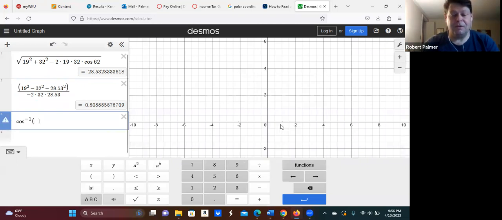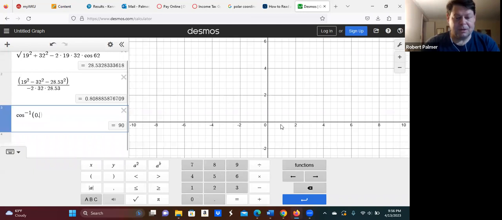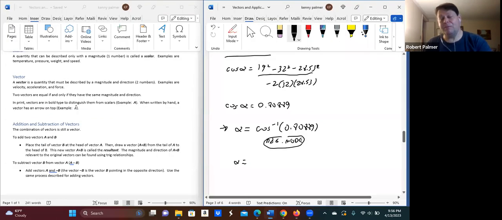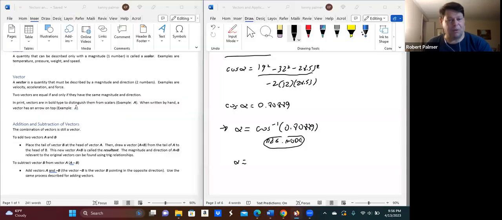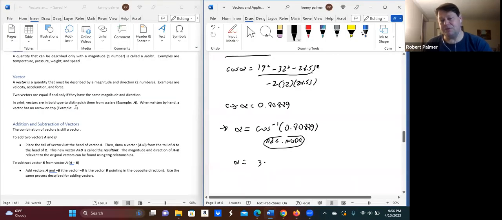Then cosine of 0.80889, and that's approximately 36.01 degrees. Just use 2 decimal places. Of course, use whatever decimal places are required by the problem, but it doesn't say. So approximately 36.01 degrees.